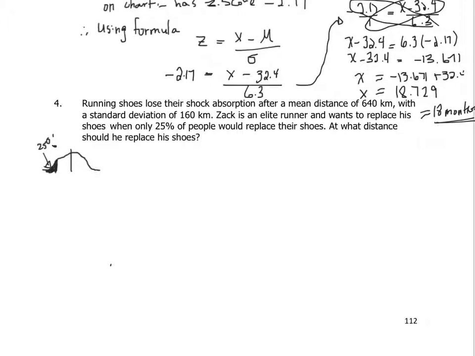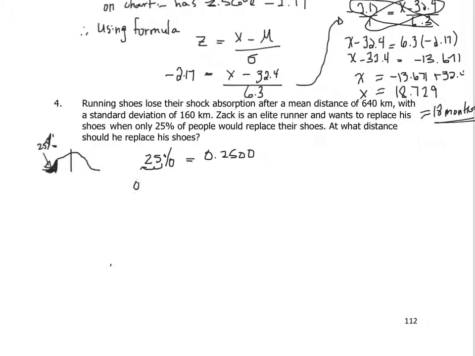So if we work that out, we know that 25% as a decimal is 0.2500, because again you're moving the decimal place 2 places to the left when you divide by 100.